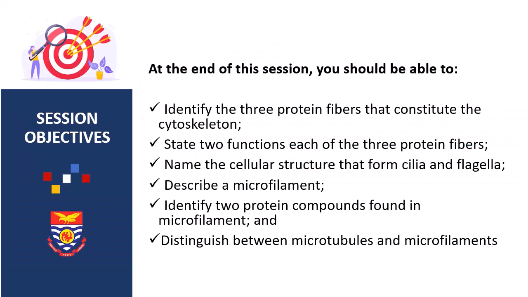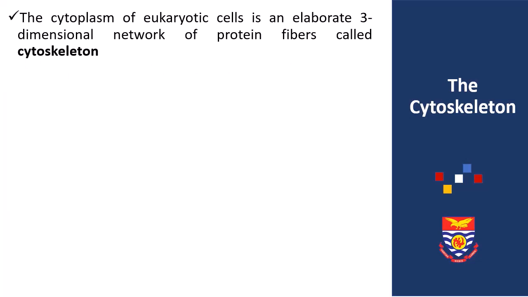At the end of this session, you should be able to identify the three protein fibers that make up the cytoskeleton, state the functions of the three proteins, name the cellular structure that forms cilia and flagella, describe a microfilament, identify two protein compounds found in microfilaments, and finally distinguish between microtubules and microfilaments.